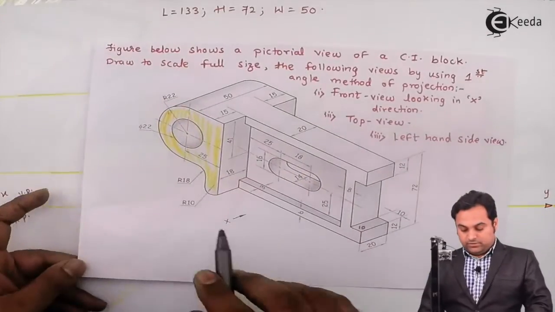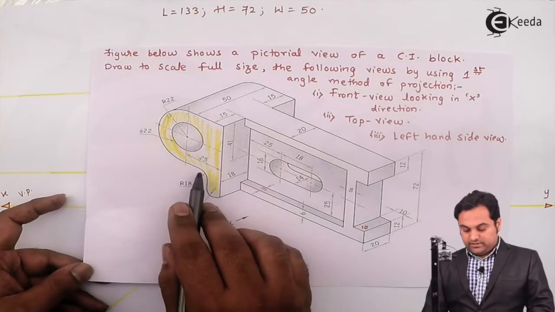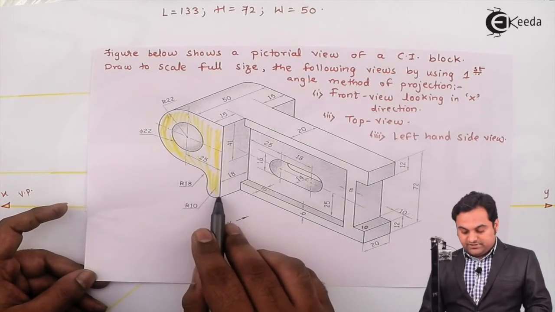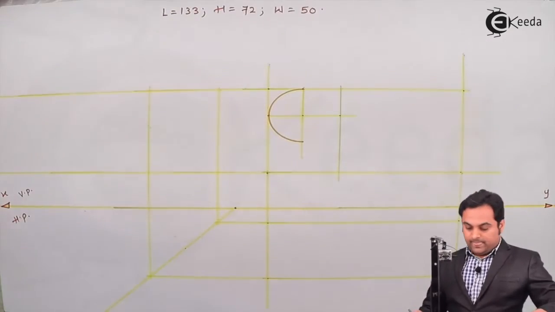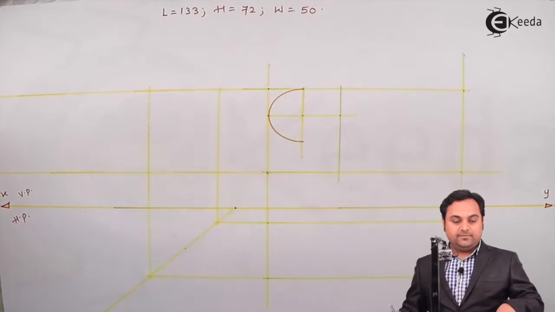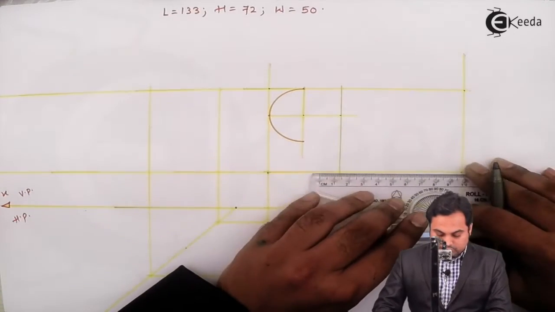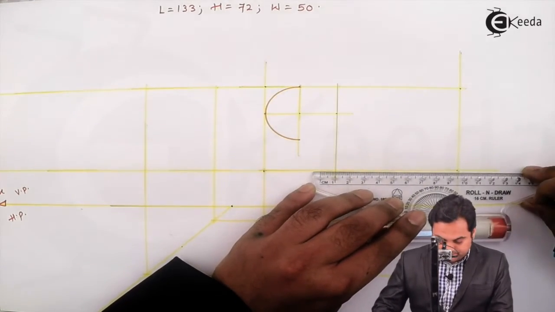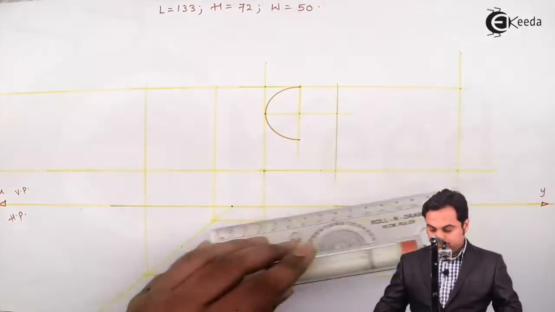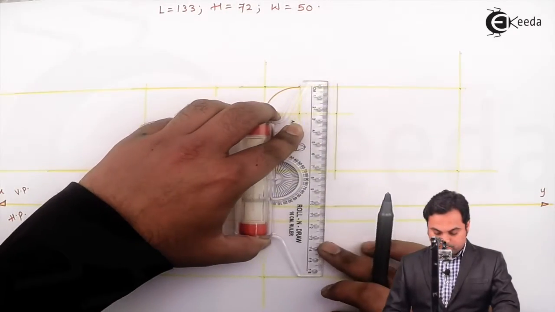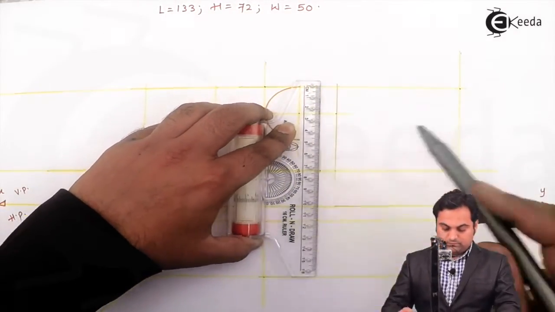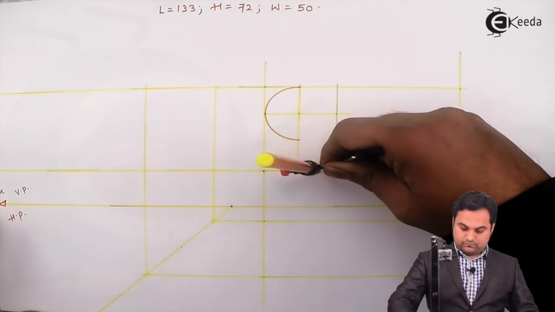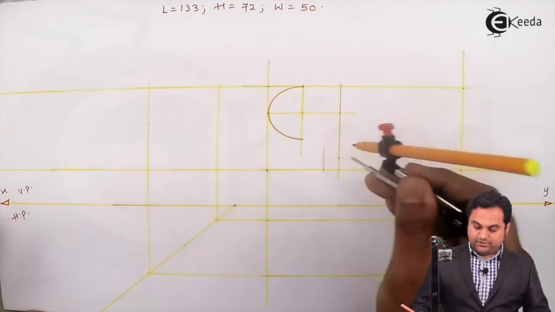Next, here this surface is curved. We can see the radius is 18 and at the bottom it is 10 mm. So for that, first I'll draw that 10 mm quarter circle. I'll take the radius as 10, measuring the distance, marking it over here.